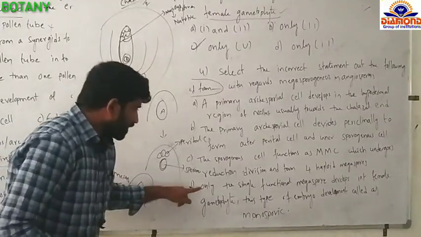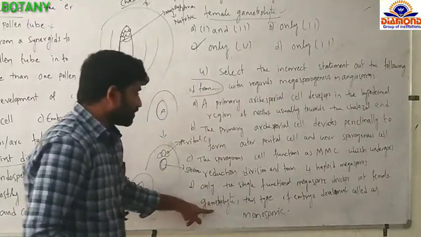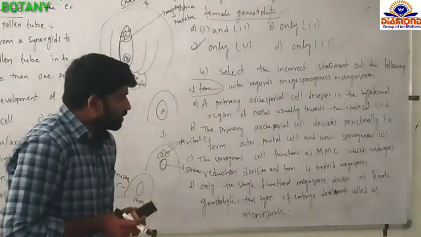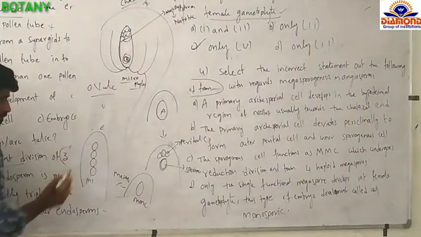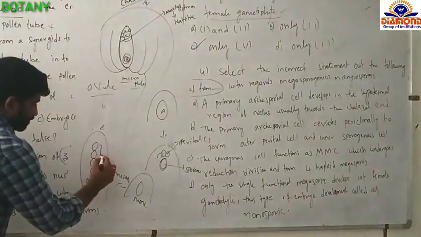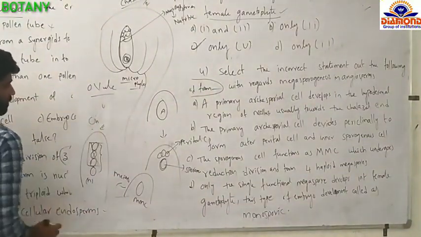Option D: only a single functional megaspore develops into the female gametophyte. This type of embryo sac development is called monospory. After the formation of 4 megaspores, 3 degenerate and only 1 is functional.